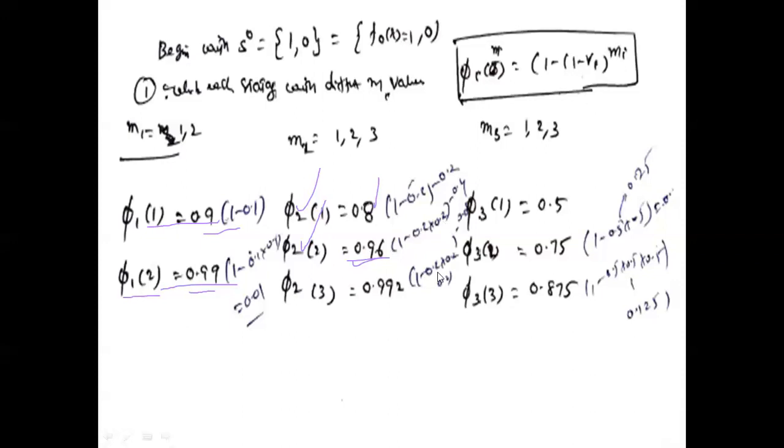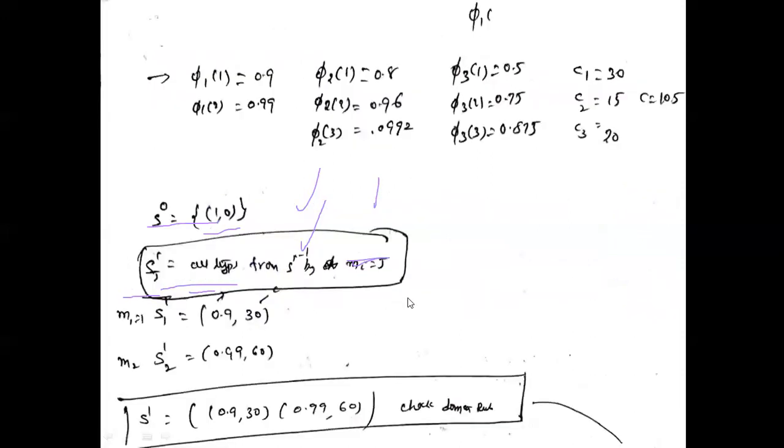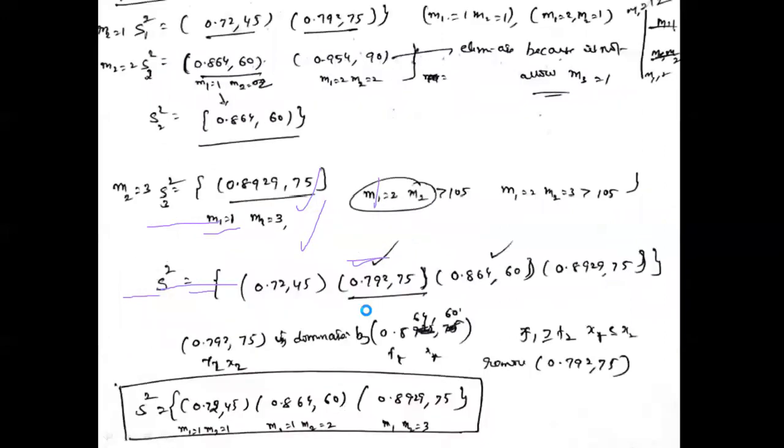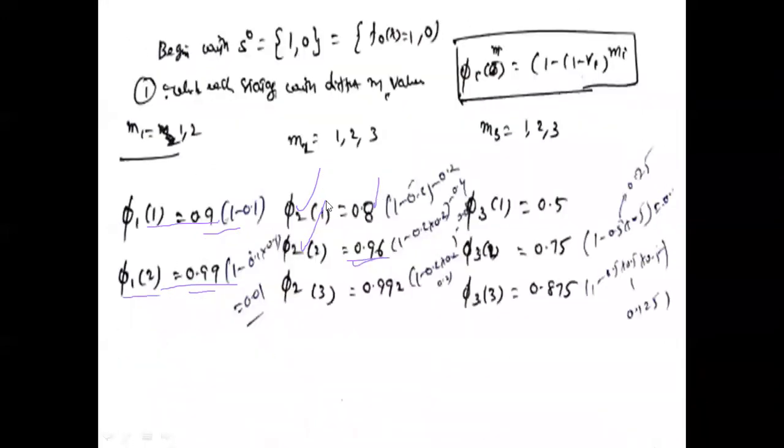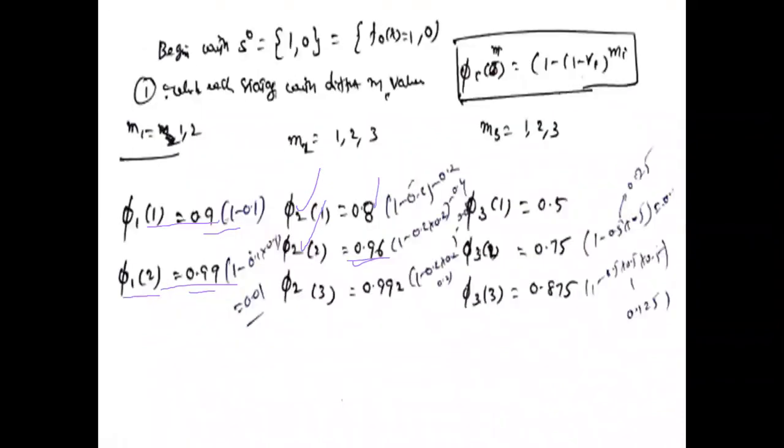That means 1 minus 0.2 into 0.2 into 0.2, that is 0.008, and 1 minus 0.008 equals 0.992. So this is the reliability of the second device if the number of devices is 1, then 2, then 3.